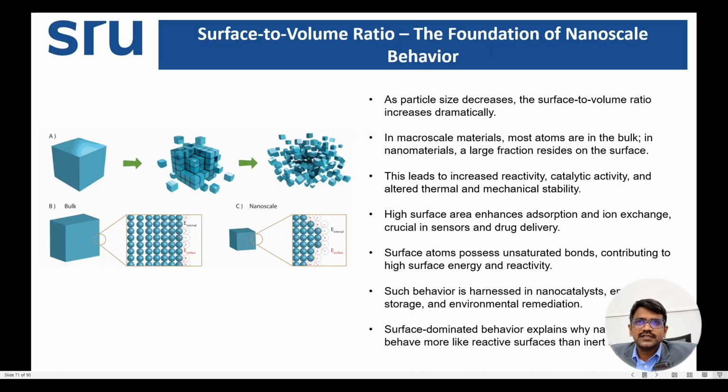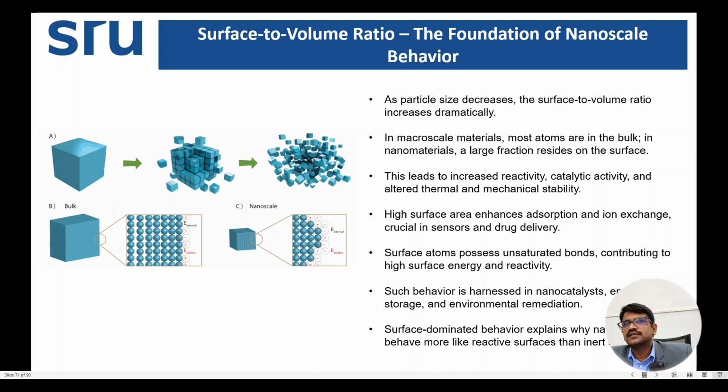If you see the individual particles, they can spread over more surface. So it can cover only this much surface, but if you make it into small pieces, these pieces can spread over a large surface. That's why the surface area increases when it comes from bulk to nanoscale.